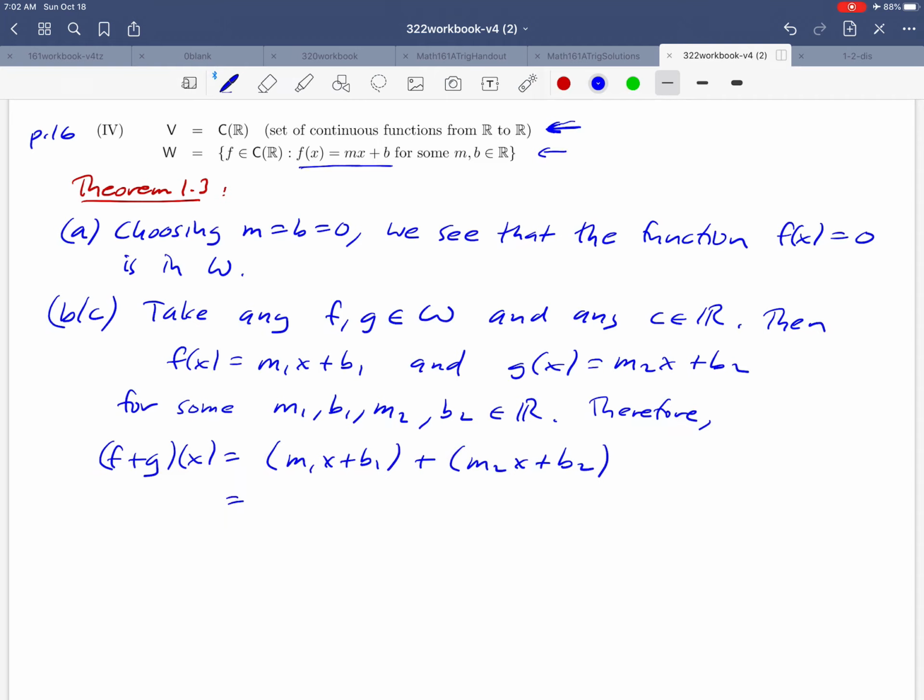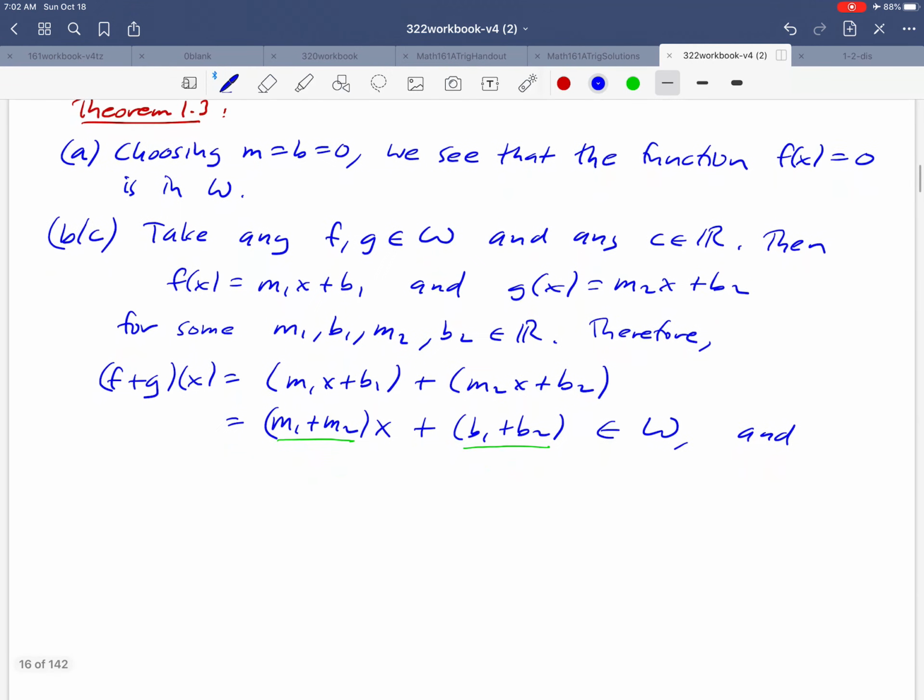Notice that it is if we rearrange our terms. We can add everything up and regroup like this. And notice what we've demonstrated then is that that sum f plus g looks like a number times x plus another number. That's the form of a linear function, and so we've just demonstrated that this is in W. That's closure under addition.